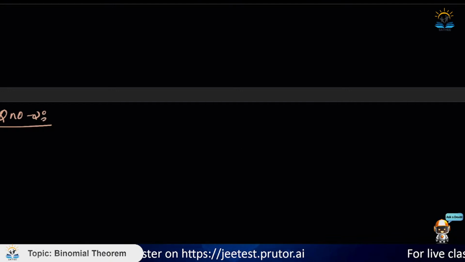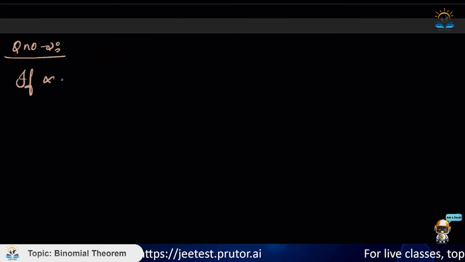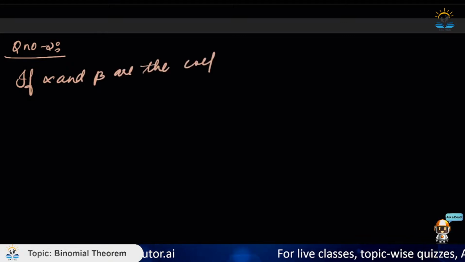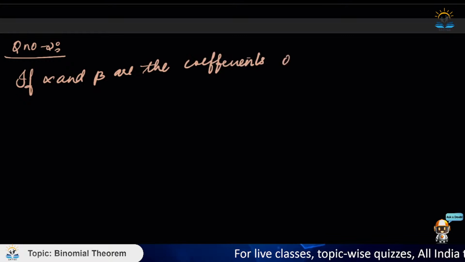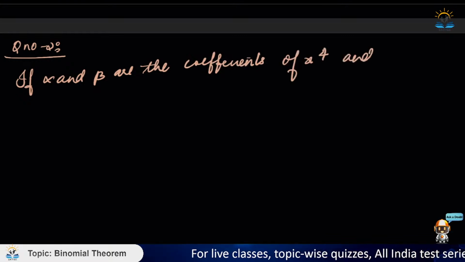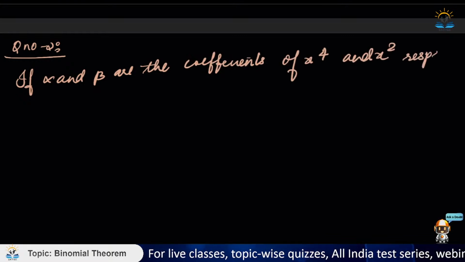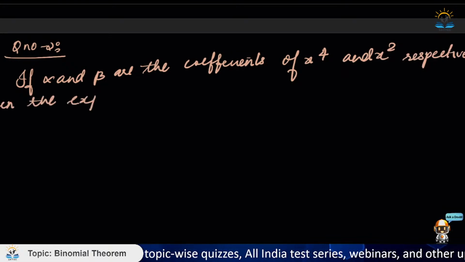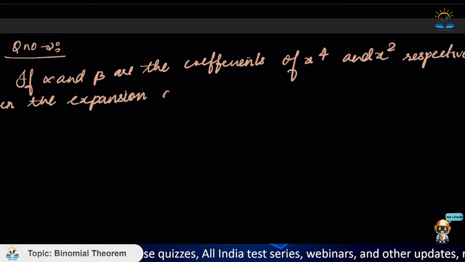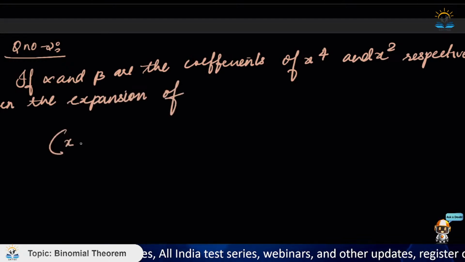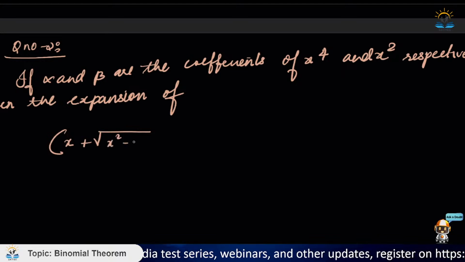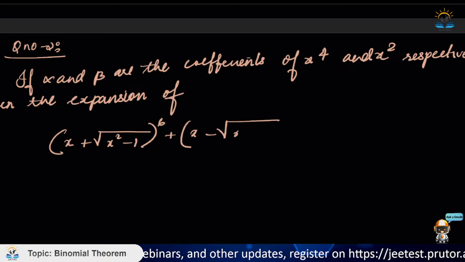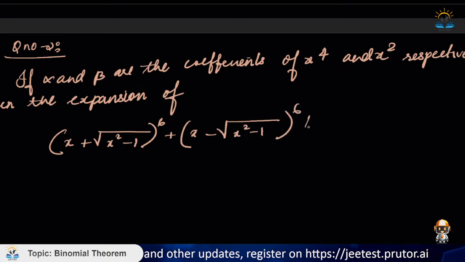Question number 2, what comes? If alpha and beta are the coefficients of x⁴ and x² respectively in the expansion of (x + √(x² − 1))⁶ + (x − √(x² − 1))⁶, then we can say what is that?